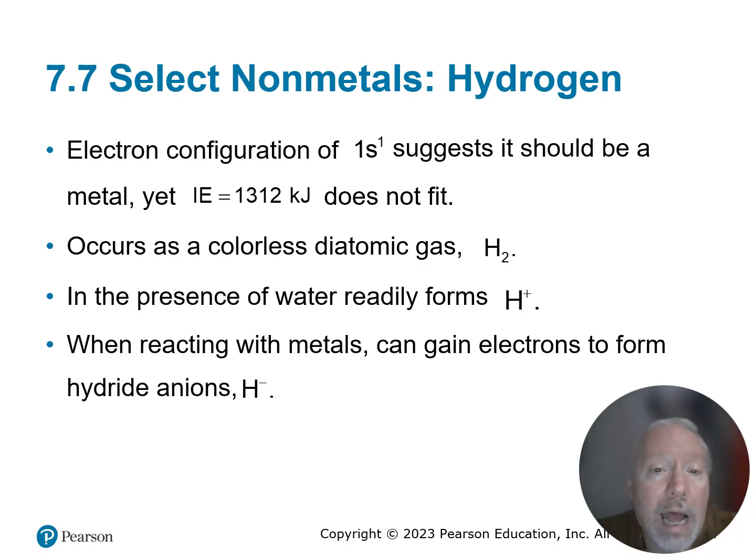And hydrogen can react with metals, and it can gain electrons. We saw that with hydrochloric acid reacting with zinc metal, with hydrogen gas being formed from that zinc metal. So hydrogen is also part of the activity series, and it acts like a metal in many ways.